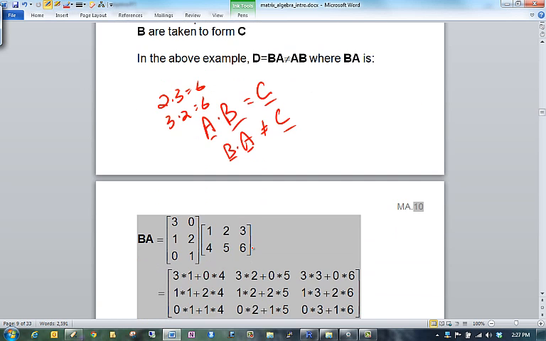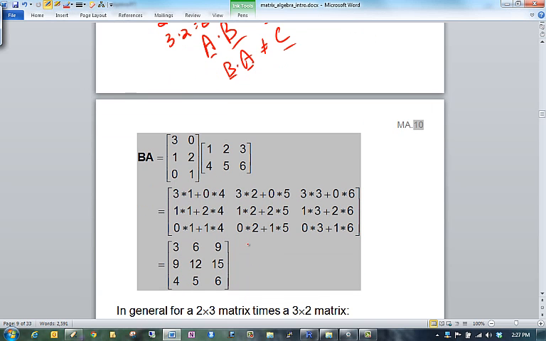Let's take a look. Notice how B is a 3 by 2 matrix and A is a 2 by 3 matrix. Because we have these 2's here, they're the same, we can do the matrix multiplication, but the resulting dimension of the matrix is going to be 3 by 3.